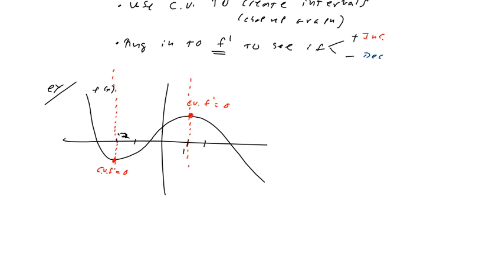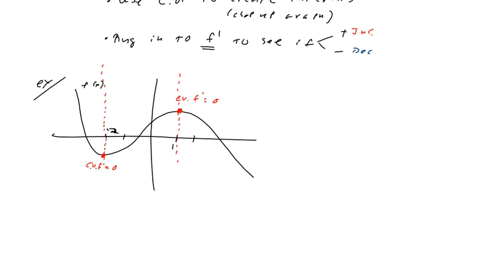What I want to determine is where the graph is increasing and decreasing. Let me show you what I mean. In this section of graph, from negative infinity until x equals -2, here's like a barrier.